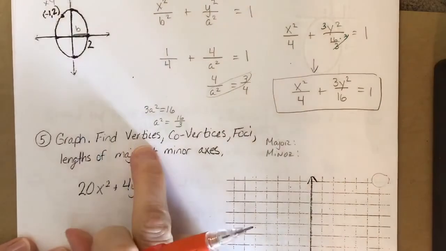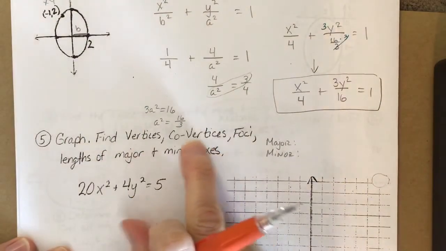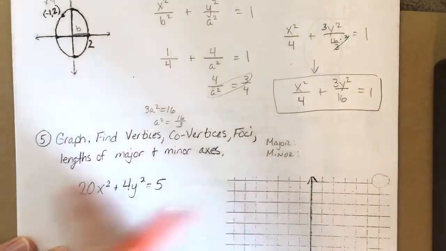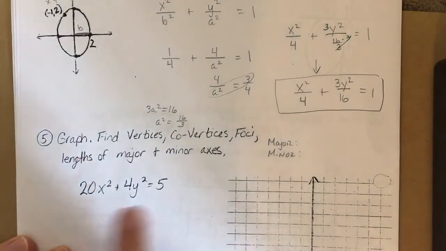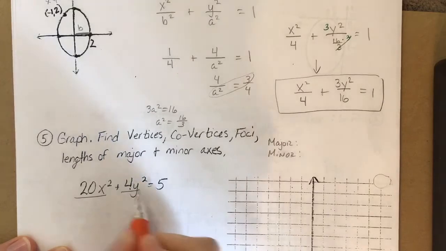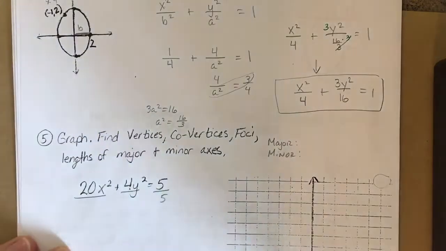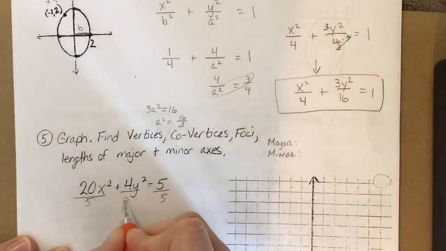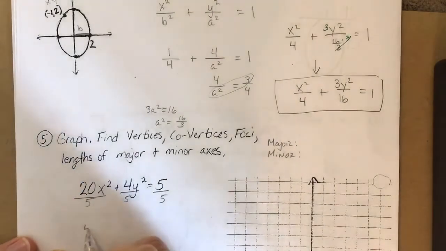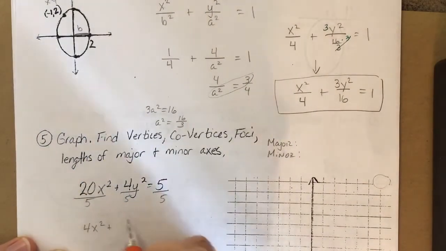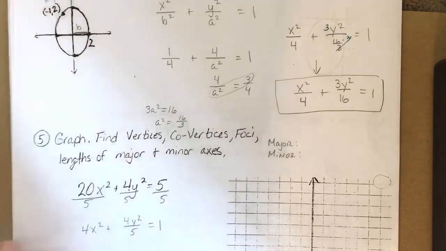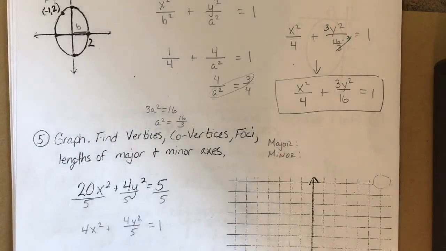Number 5, graph. Find the vertices, co-vertices. This is an ellipse then. Foci, length of major and minor. All right. What's wrong with this? This should equal 1. So what are we going to divide by to get 1? 5. Okay. 20 divided by 5, I get 4x squared plus 4y squared over... Ooh.